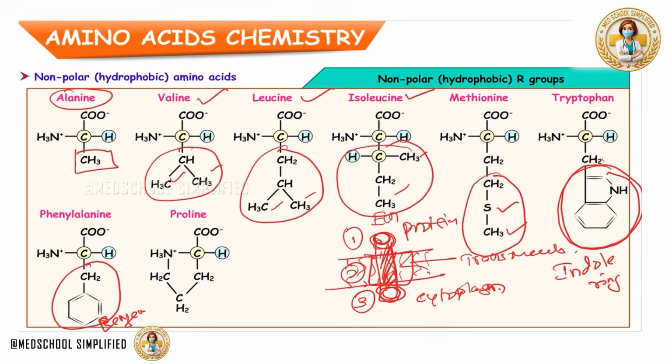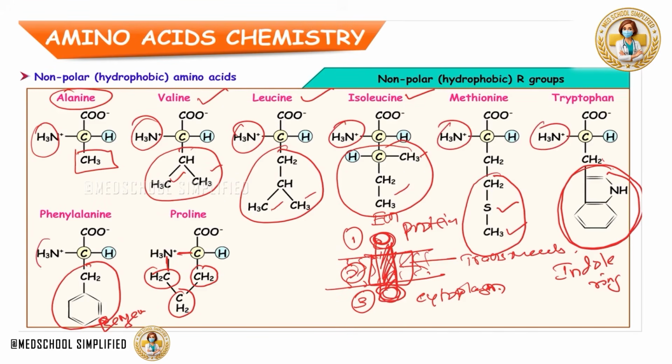Let me just recap that particular point. Here is the side chain of proline. It has CH2, CH2, CH2. Look at this CH2. It has interacted with the NH3 plus attached to the alpha carbon, making a 5-membered ring. Unlike all the amino acids that you are seeing, where the primary amino group is free in individual form, here this amino group is not free.